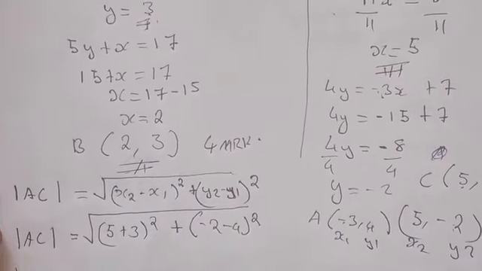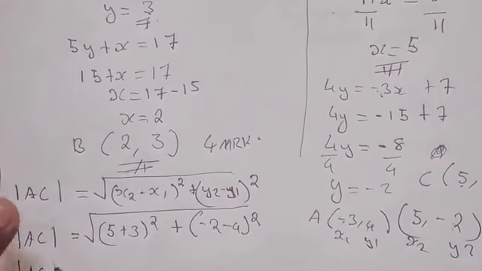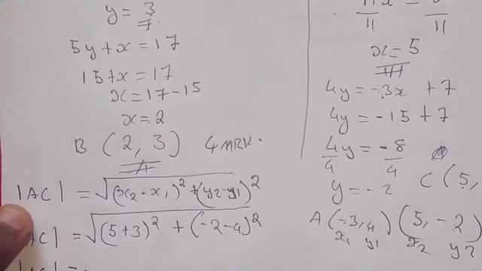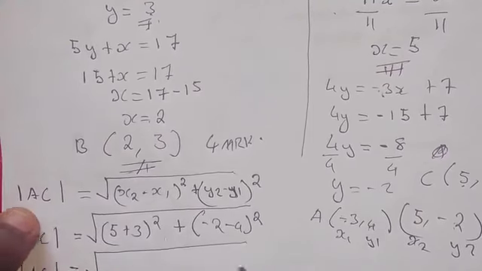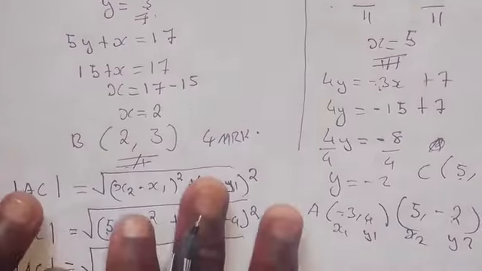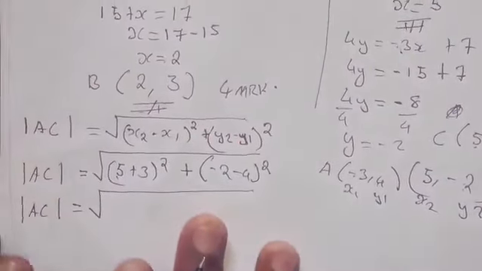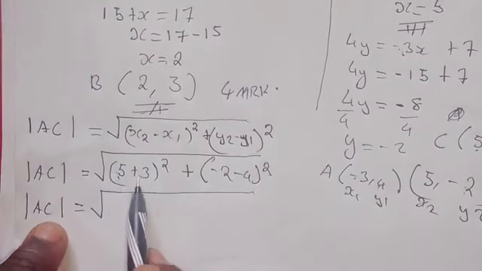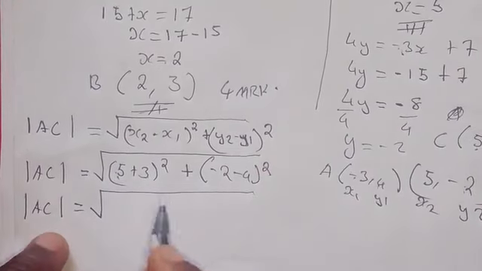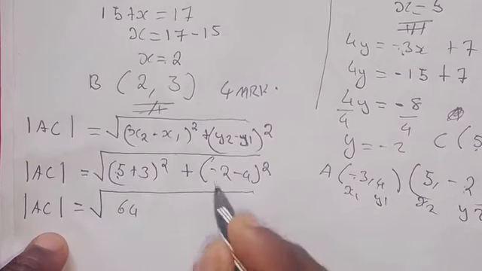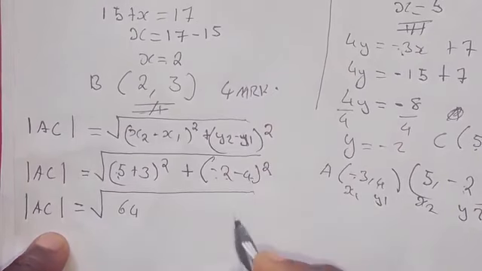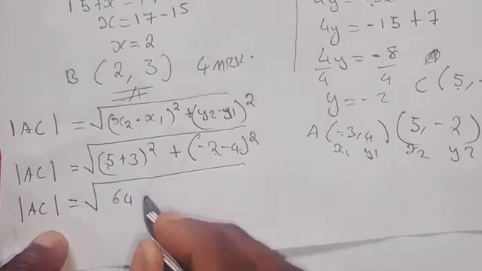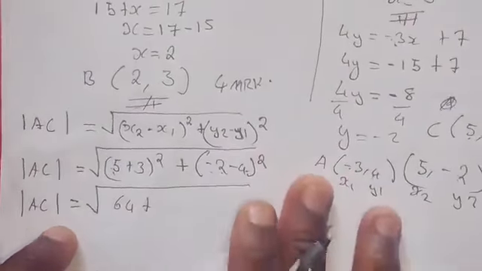So distance AC is equal to the square root of 5 plus 3, which gives us 8. 8 squared is 64. Negative 2 minus 4 gives us negative 6. Negative 6 squared is a positive 36.